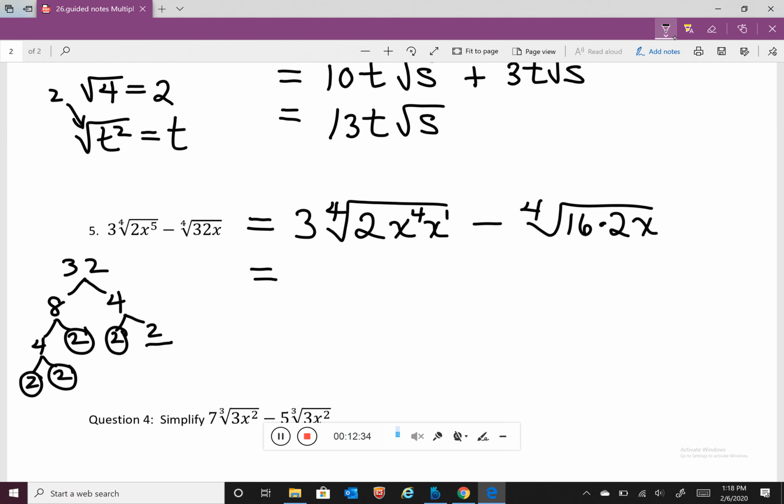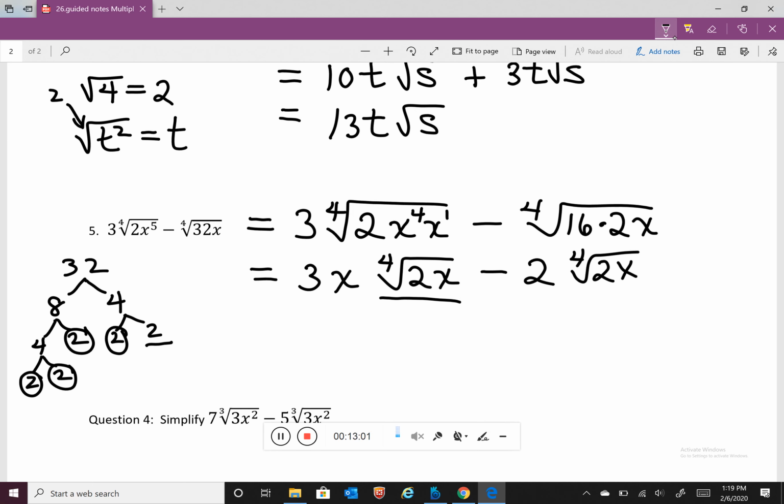The 4th root of x to the 4th is x, so we can bring this x out front. And then what's left underneath my radical is the 2 and the extra x, minus the 4th root of 16 is 2, and we have the 4th root of 2x left over. Now notice that our radicals are like each other.